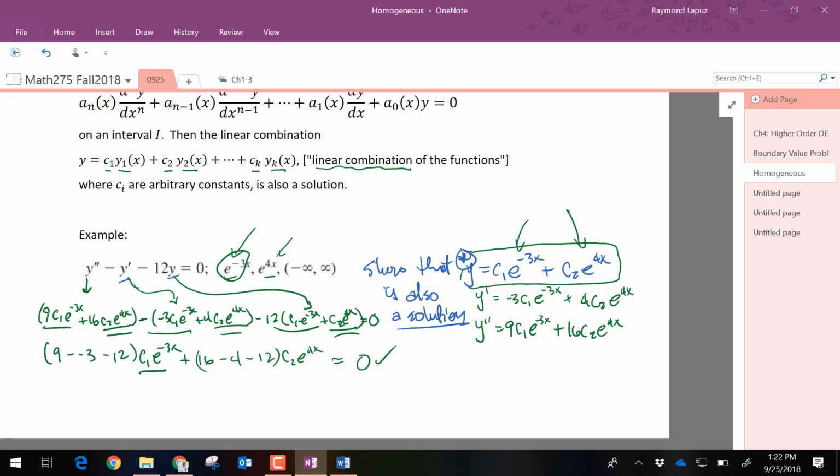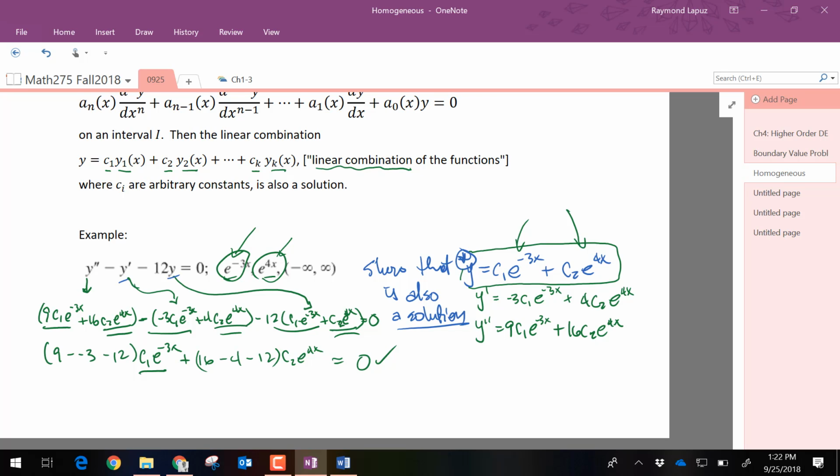This is just a check to make sure that the linear combination of the solutions is actually also a solution, given that we already have these solutions. We still don't know how to find these solutions, which is something we'll do next time.